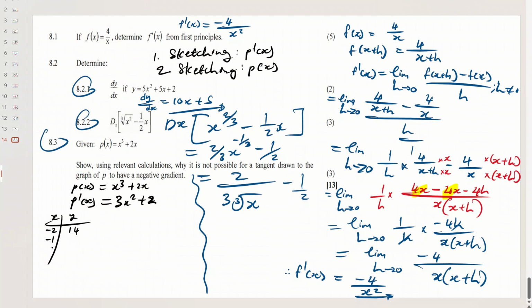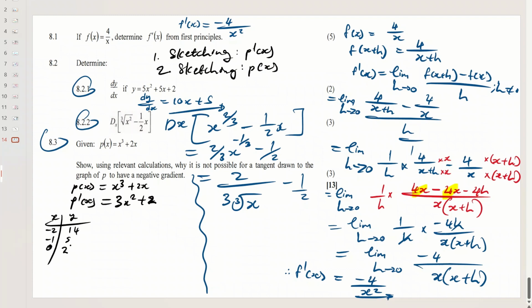What about when x is negative 1? You'll have negative 1 there. This will give you 3 into negative 1 squared, plus 2. Since you have an even exponent, this value will give you a positive thing there. You'll have 3 plus 2, that's 5. So when x is 0, what about y?